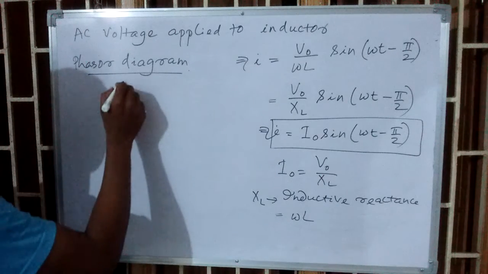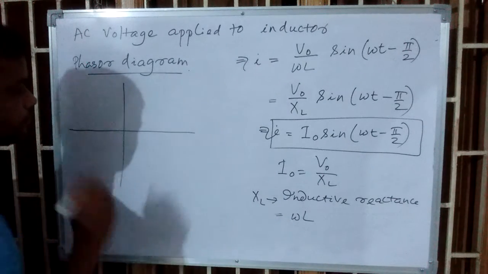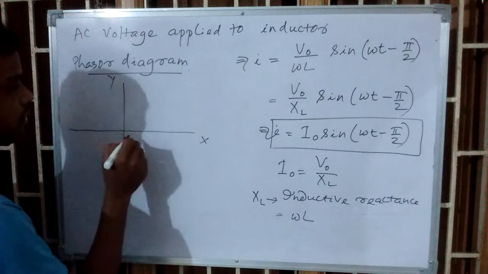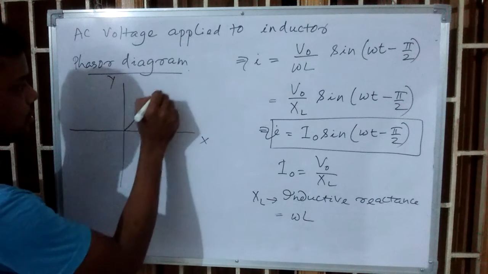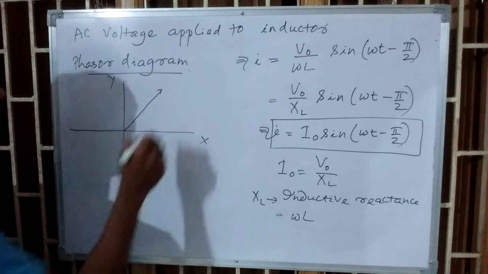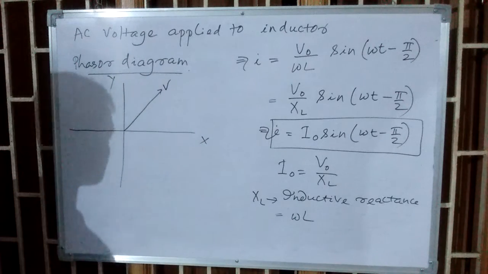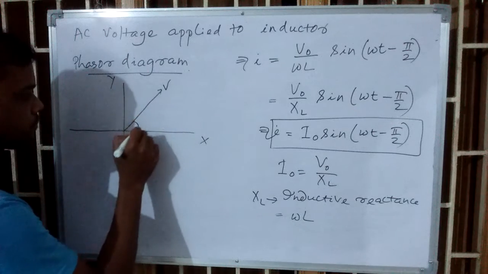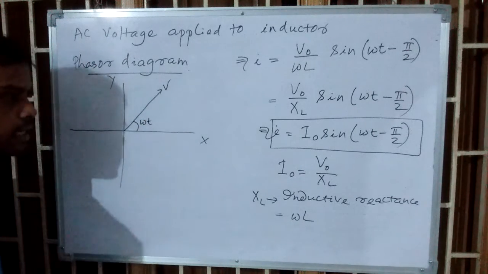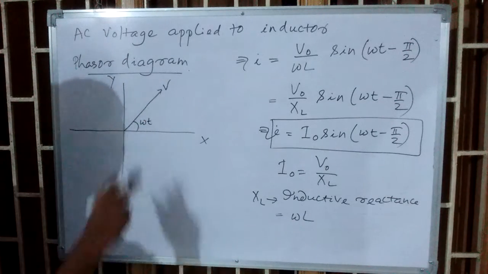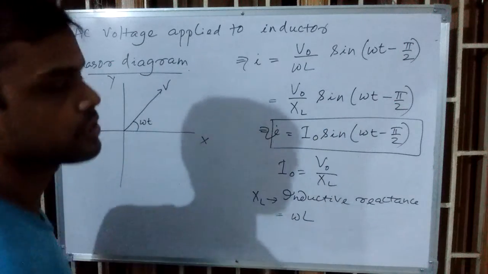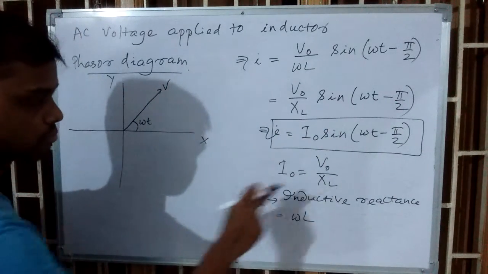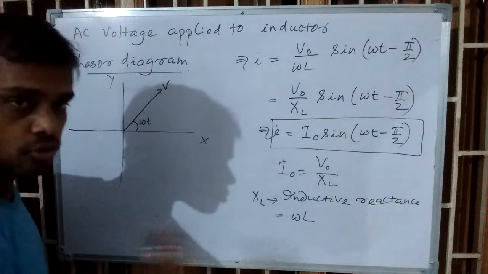First, you have to draw the axes. This is X, this is Y. First, draw the voltage phasor. This is the voltage phasor, and this angle is omega t, of course. Now let us see how to draw the current phasor. Here the current phasor amplitude is I naught. Here I naught is also less than V naught, no problem.